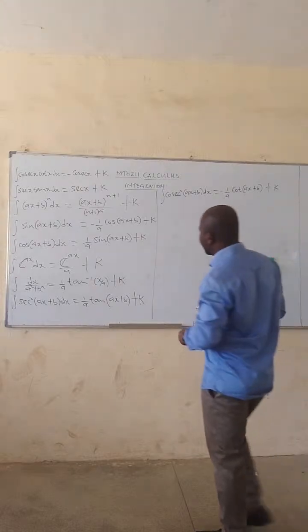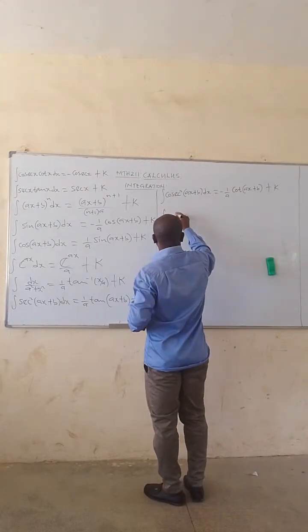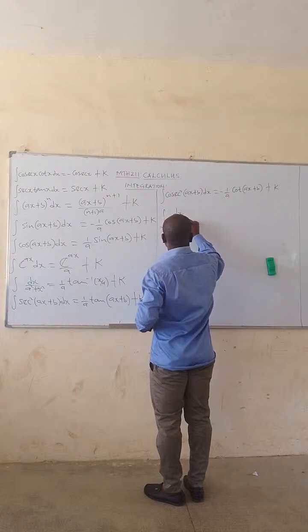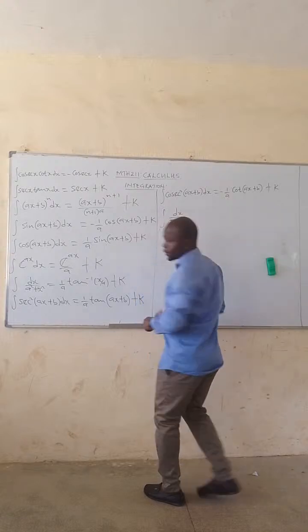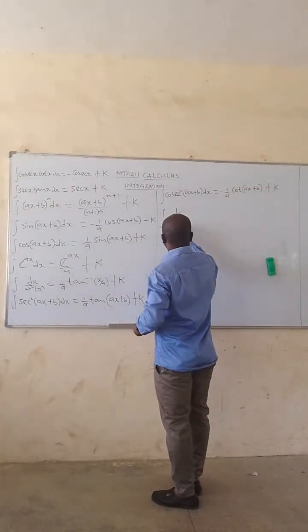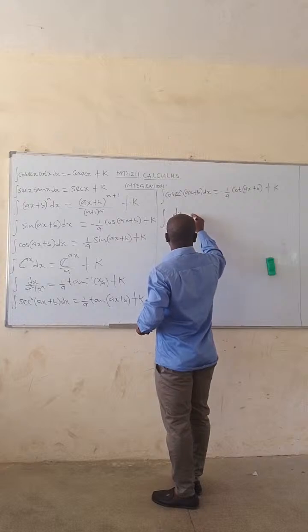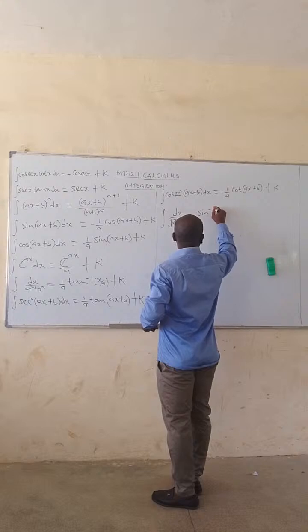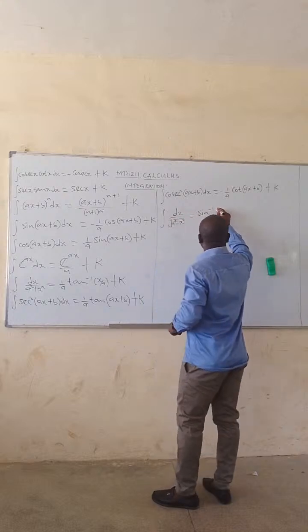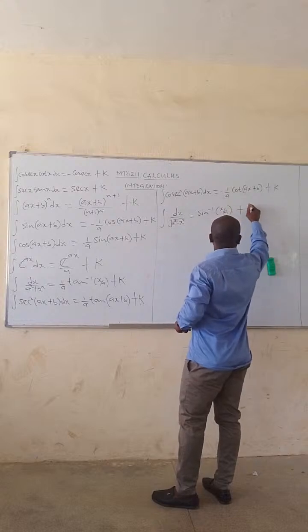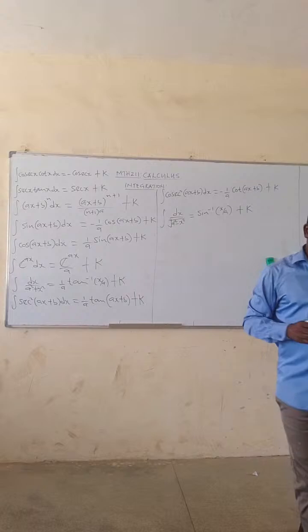Then if we have the integral dx all over the square root of a squared minus x squared, which is going to give us tan inverse x all over a plus a.